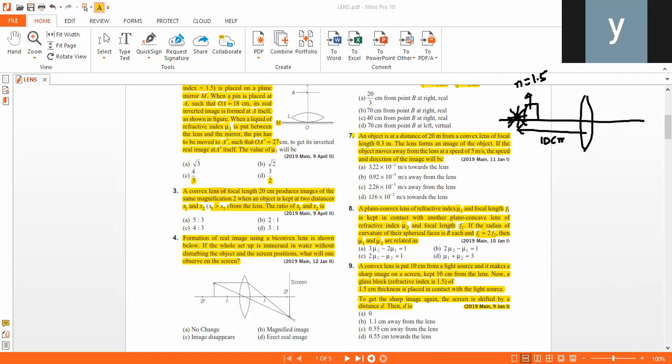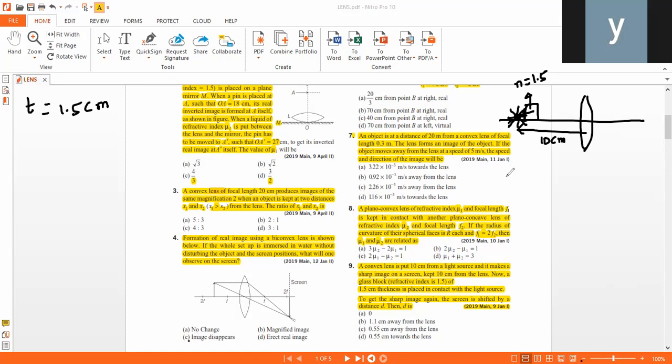Now, whenever the light rays are incident on this glass block, this glass block has a thickness, which they gave as 1.5 centimeter.